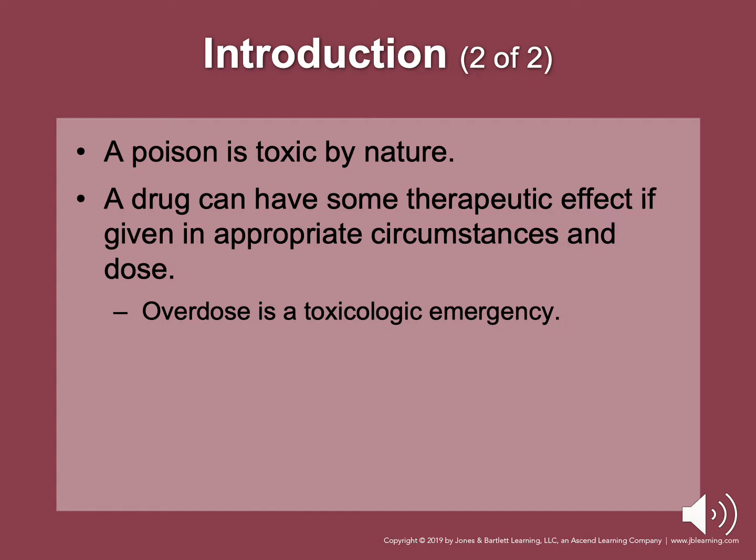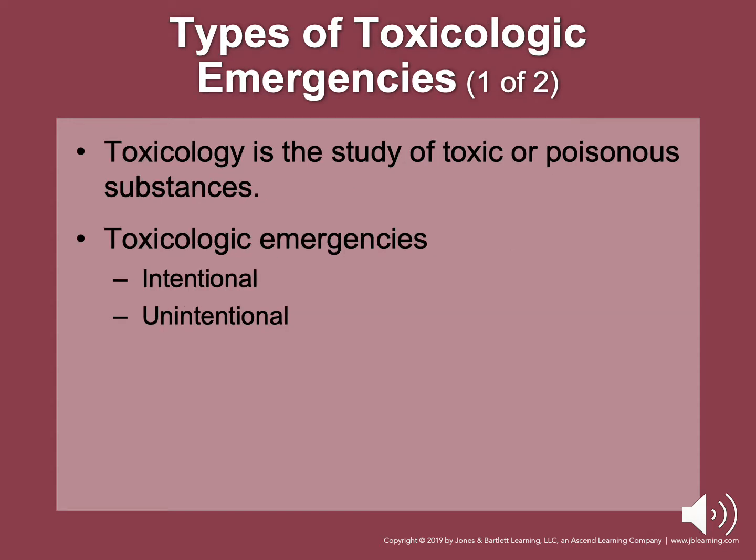So sometimes these patients are in a state that 911 needs to be initiated, and we need to get there to give a purpose. So toxicology is the study of toxin or poisonous substance. A toxicological emergency may be intentional. Poisoning in adults is commonly intentional, and suicide is often accomplished with the use of drugs.